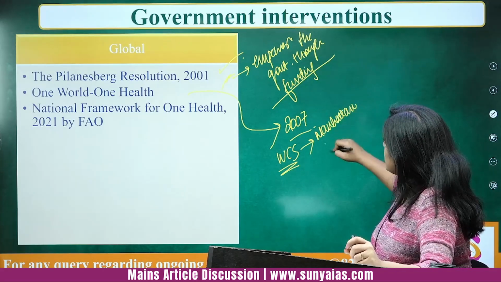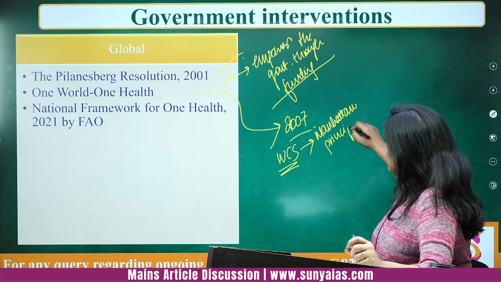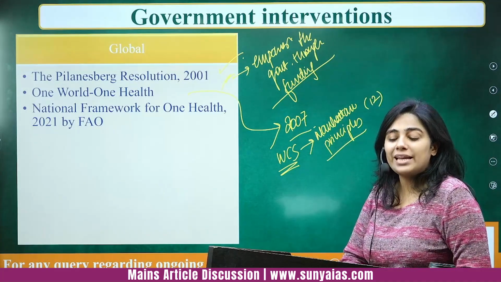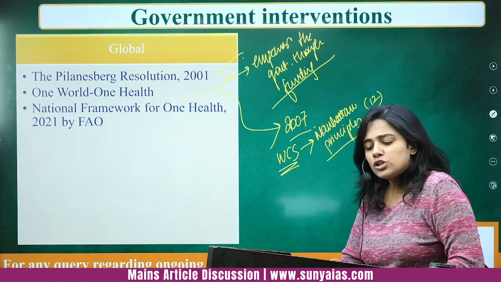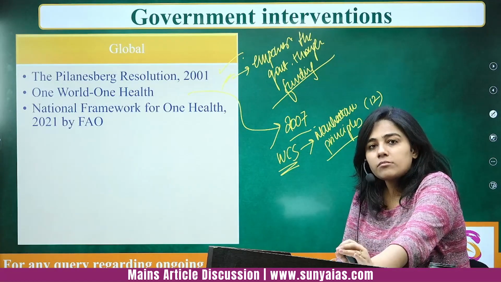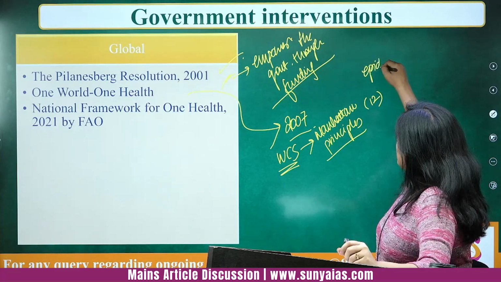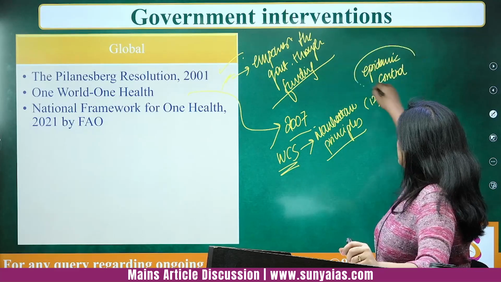You can write this down. These are 12 principles which the Wildlife Conservation Society suggested, so that there would be a holistic approach on epidemic control. A holistic research on epidemic control.